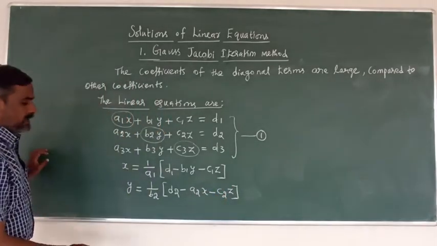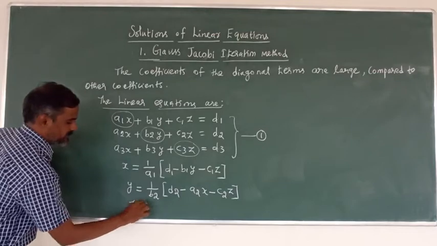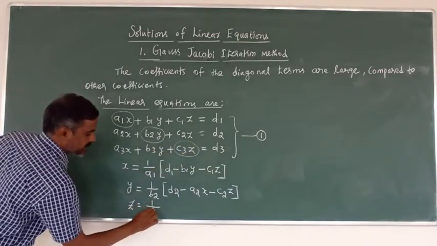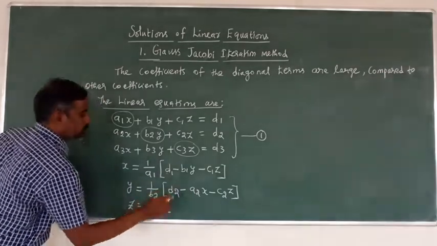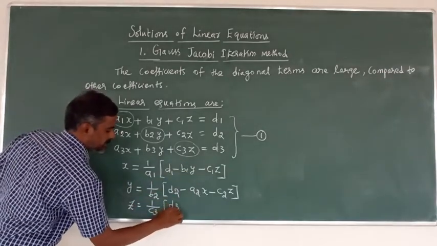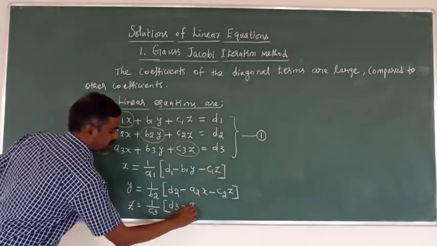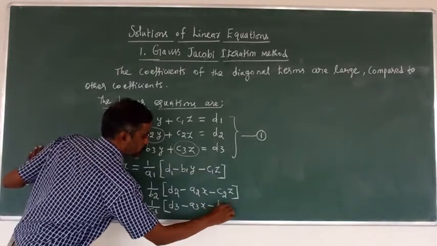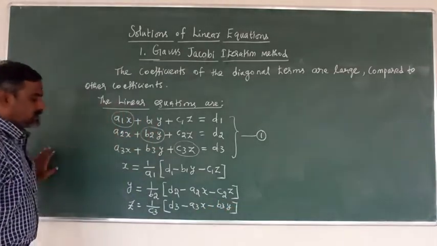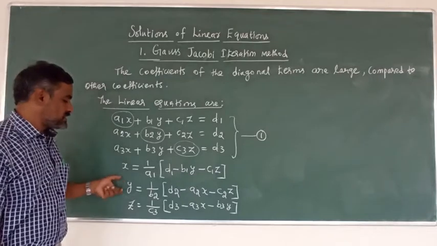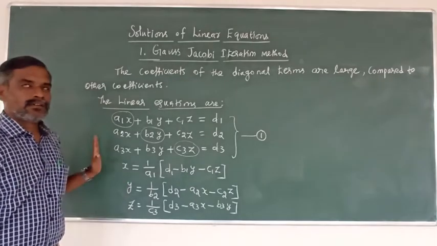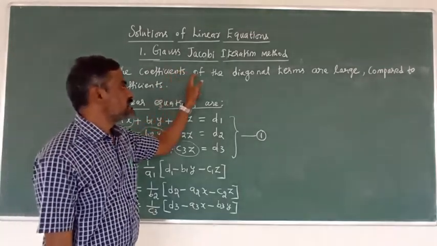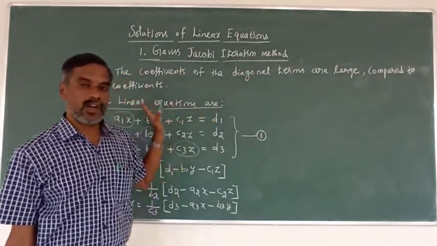Okay, and the z value: z equals 1 divided by c3, within bracket d3 minus a3 x minus b3 y. Okay, this is the format. We have to change the equations to this format after checking that the diagonal terms are dominant.